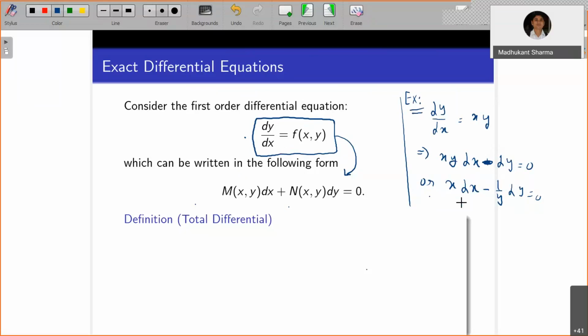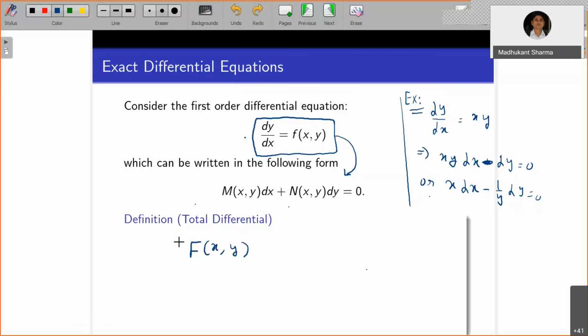Now if the equation takes this shape, how would you solve the problem? If you recall, suppose you have a function, let me take capital F, which is a function of two variables. It is of two variables, but y is a function of x, and x is independent. Then you try to find the total differential of this.